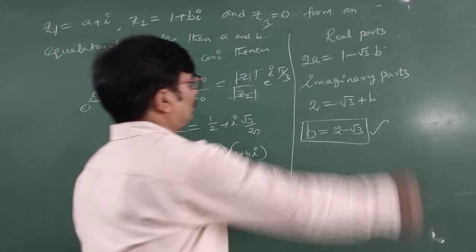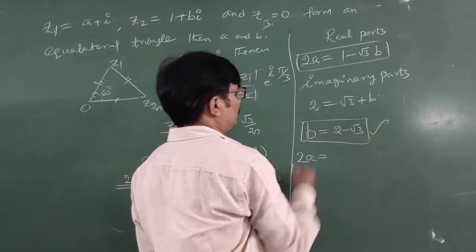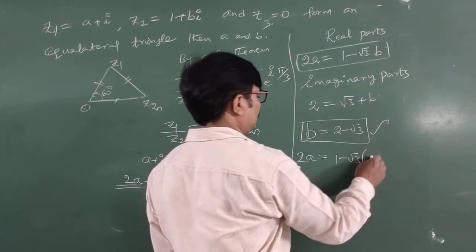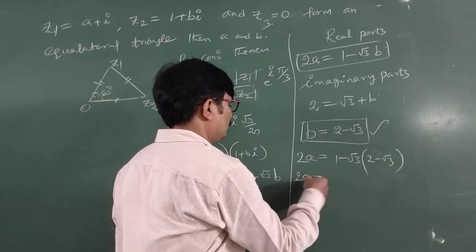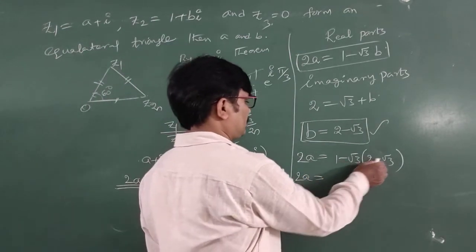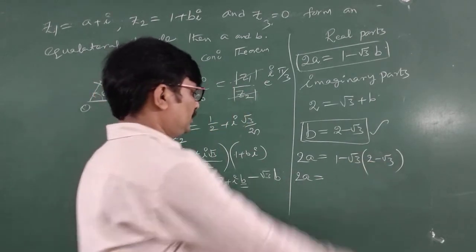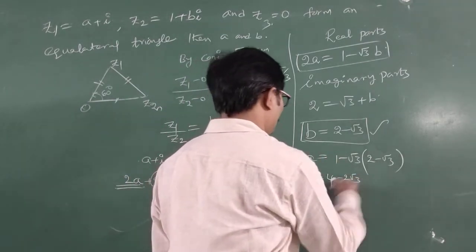Now the real part. 2a equals 1 minus root 3 into b, where b is 2 minus root 3. So minus of minus is plus, root 3 into root 3 is 3, 3 plus 1 is 4, and then minus 2 root 3.